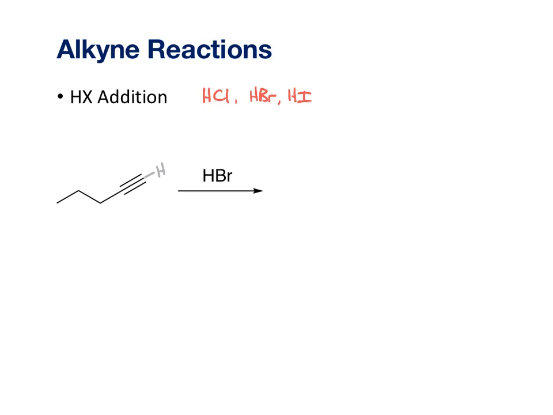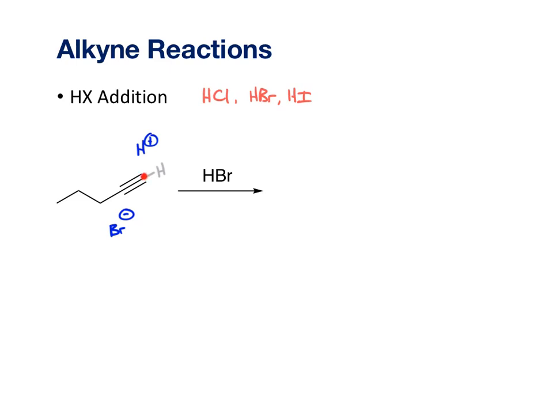And when you add HBr across this triple bond, we can think of it as H plus and Br minus. And this will follow Markovnikov's addition, meaning the hydrogen will go to the side where there's more hydrogen.